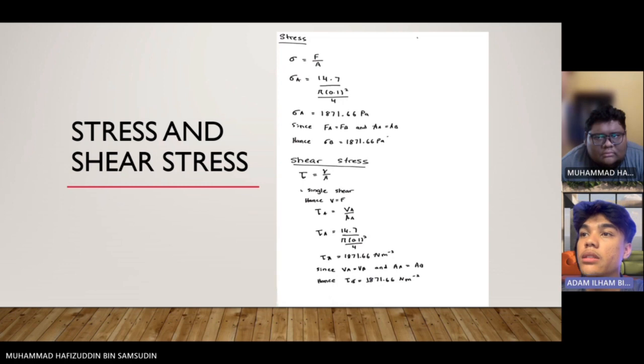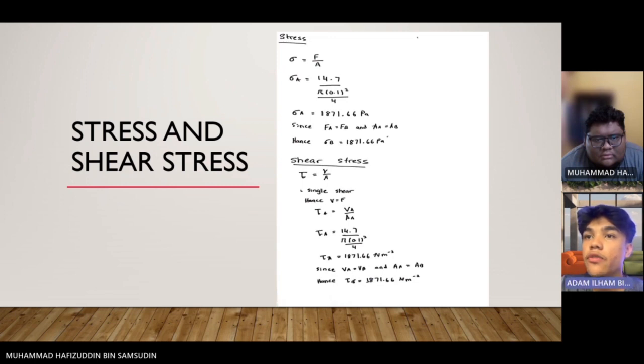The stress for B is the same, 1871.66 Pascal. And then for the shear stress, we have the formula shear stress equals V divided by A. The shear stress for A and B is the same, which is 1871.66 Newton per meter square.